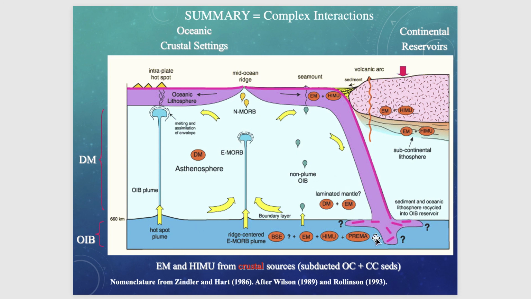There are domains like here that we have no access to, and so it's very hard to understand in detail the type of processes, but a collection of evidence is supporting the idea that you have these fragments of oceanic crust that contribute to the complexity of these enrichments.